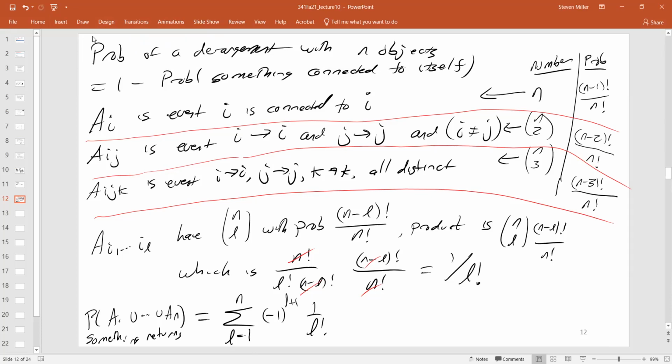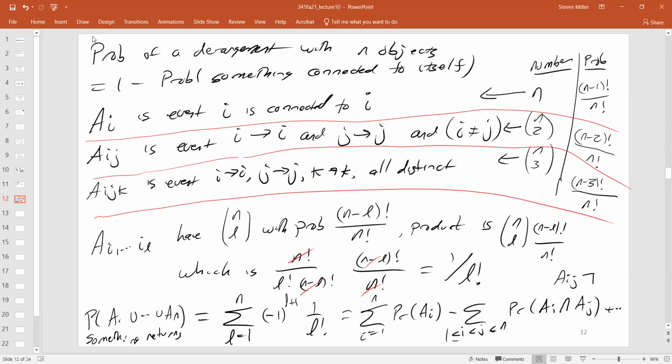This is really coming from the sum, I goes from 1 to n, of the probability of AI, minus the sum over I less than J of the probability of AI intersect AJ, plus dot dot dot. And this event here is just the event AIJ. So this is the inclusion-exclusion formula that we have, right?